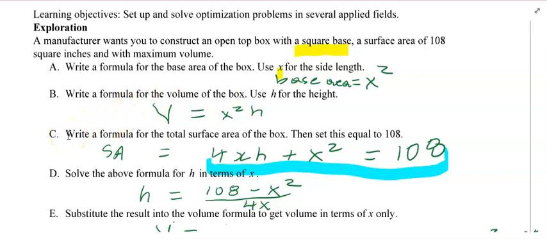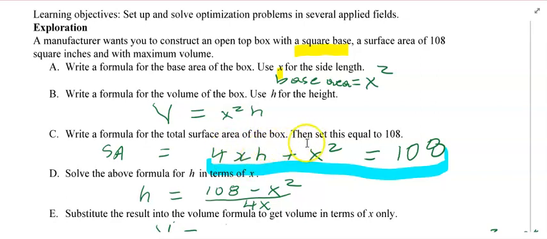C. Write a formula for the total surface area of the box. Then set this equal to 108. Surface area is equal to 4xh plus x squared. Now this x squared represents the area of the base of the box, and this 4xh exists because for the four sides around the box, the area will be x times h, and there are four of these.